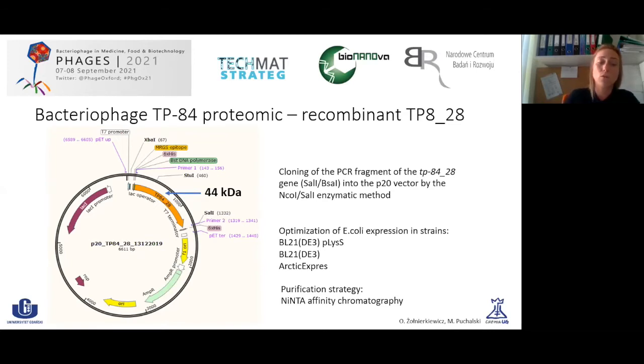The best strain for endolysin gene expression turned out to be E. coli BL21 DE3. The expected molecular weight of the recombinant protein is 44 kilodaltons, as you can see.